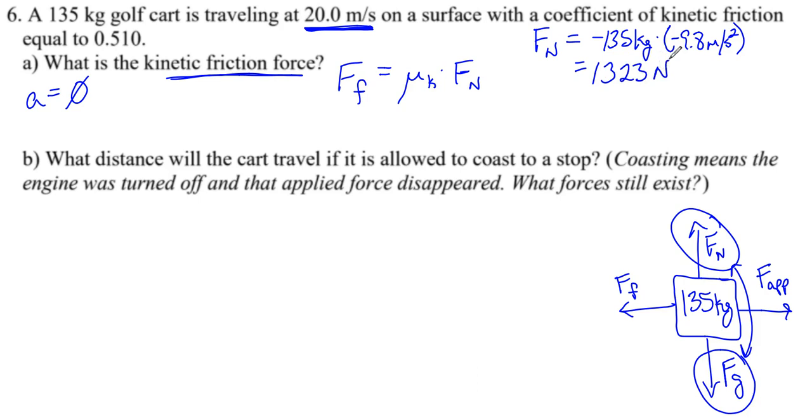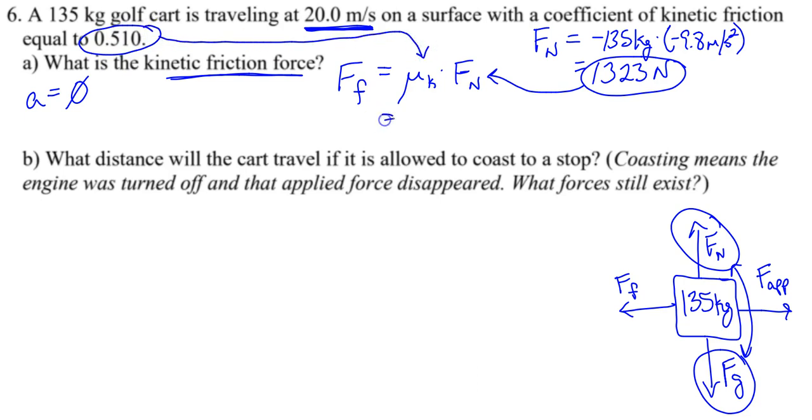Okay, so then if we just plug that in and multiply it by our coefficient of kinetic friction, so 0.510 times 1,323 newtons gives us a frictional force of 675 newtons.